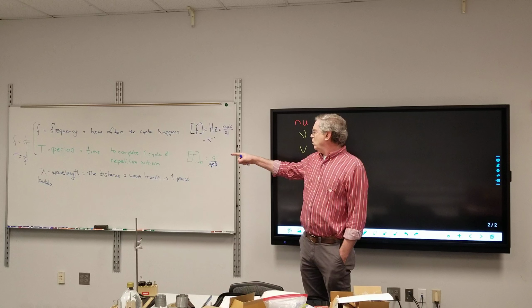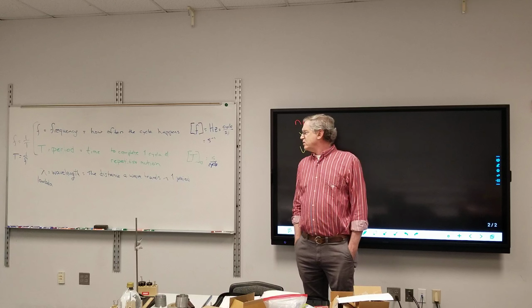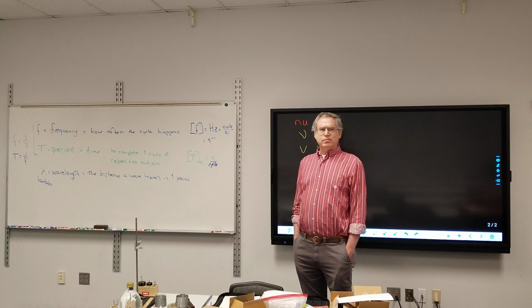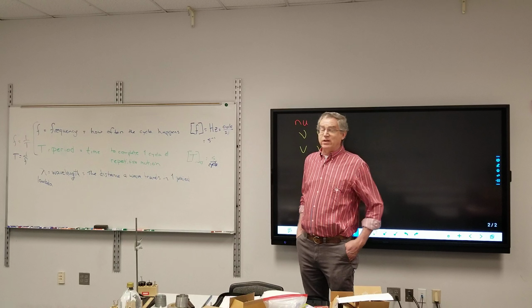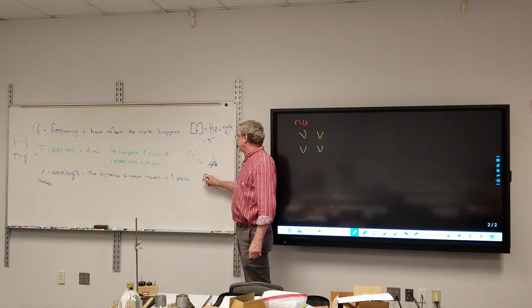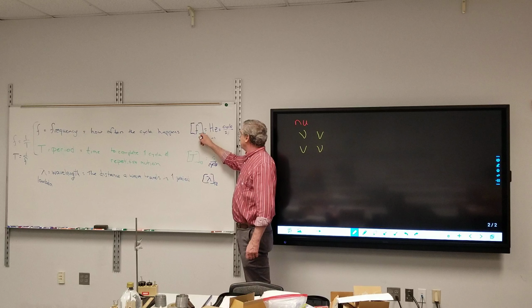So, what are the SI units for wavelength? Any form of distance in meters? Yeah, the SI would be meters, but any unit of distance would be an acceptable unit. We'll put SI there.